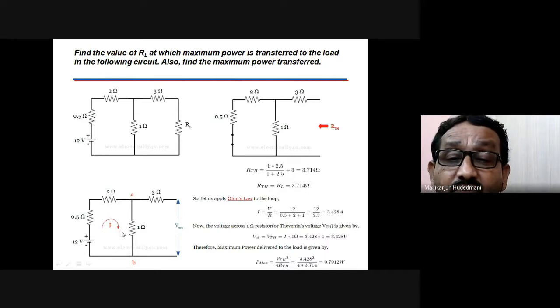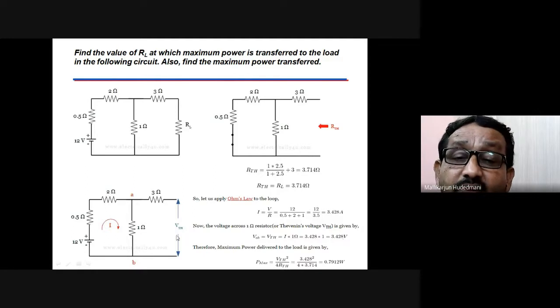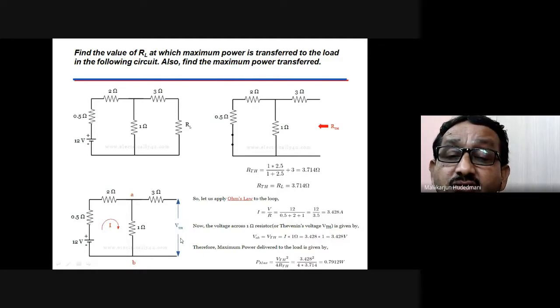That current, when flowing through the 1 ohm resistor, builds the potential VAB equal to VTH equal to 3.428 into 1 ohm, which is 3.428 volts. That itself is the VThevenin required for our equivalent circuit.